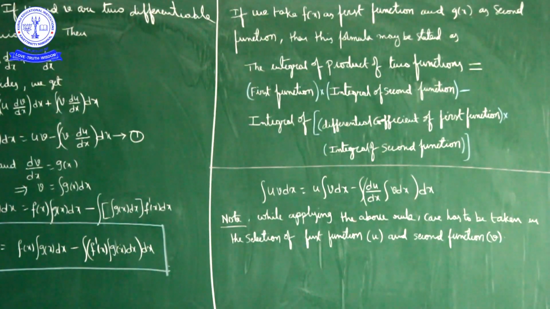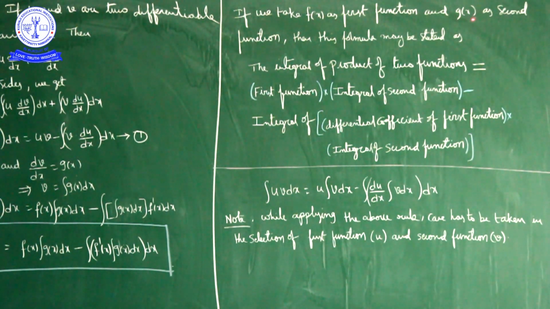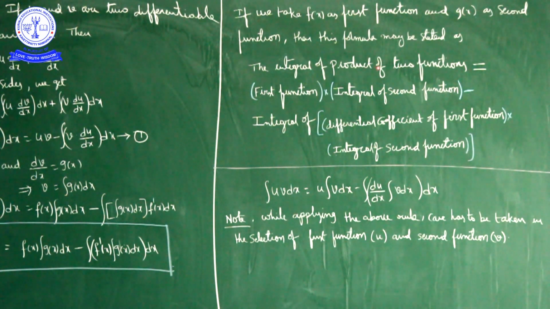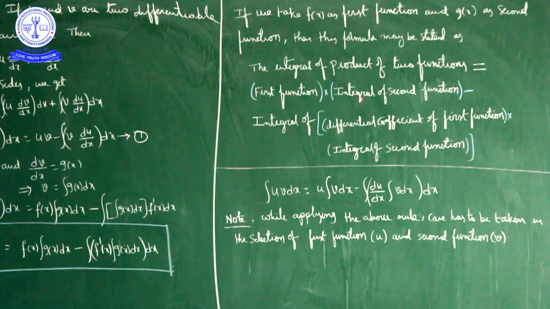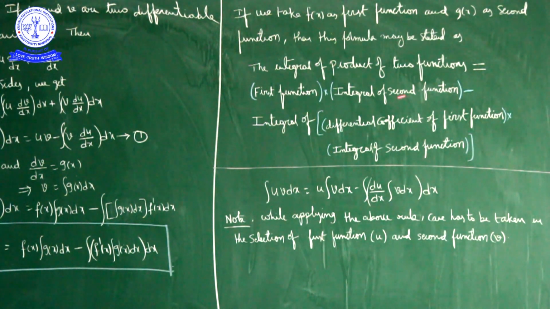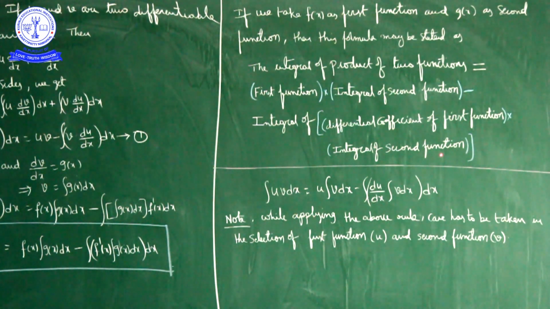Okay, if you consider f of x as the first function and g of x as the second function, then this formula may be stated as: integral of product of two functions is equal to first function into integral of second function minus integral of differential quotient of first function, meaning the derivative of first function, into integral of second function.